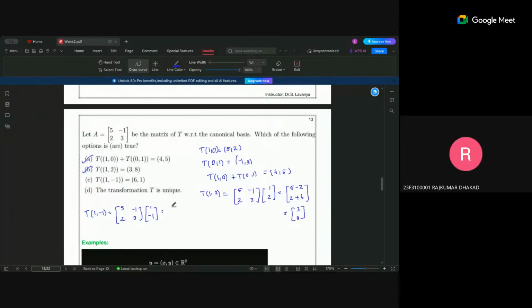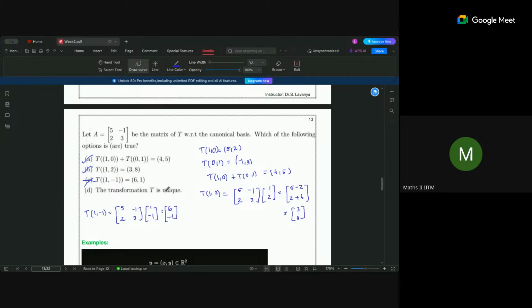Are you sure? 6, comma minus 1. Correct. 5, and then minus into minus is plus, so 5 plus 1 is 6. And then 2 minus 3 is minus 1. So anyway, this option is incorrect.